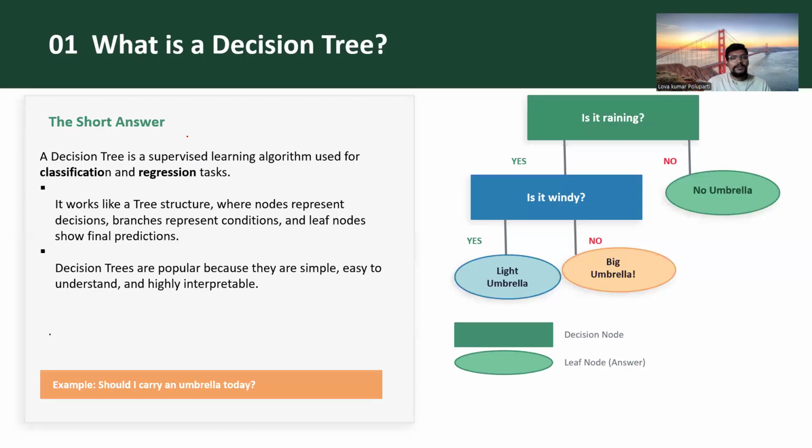In short, it's a supervised machine learning algorithm, and it is used for both classification and regression tasks. Definition wise, it's a tree structure, and the nodes are where exactly the splitting happens. Trees generally look like this, right?